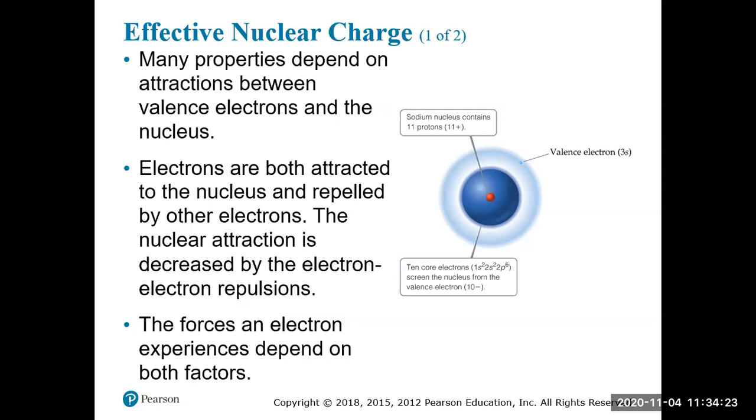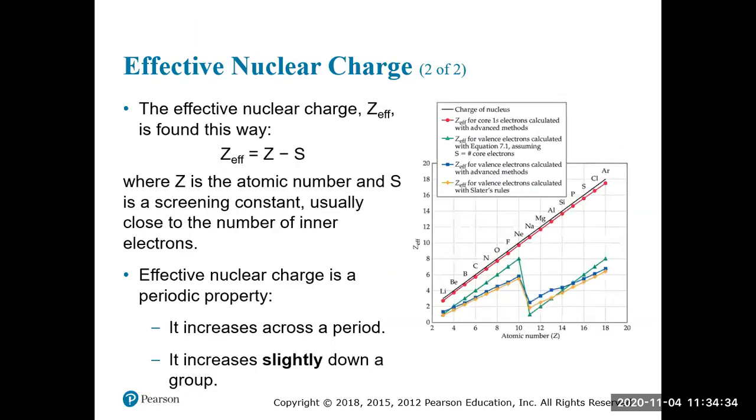The other interesting thing about the effective nuclear charge is, even though it's a pretty complicated thing that's going on, you can actually get some pretty good approximations of it through a pretty simple formula. And that's what we're going to take a look at here: the effective nuclear charge can be expressed as Z minus S. Z is simply the atomic number of the atom, and S is something called a screening constant.